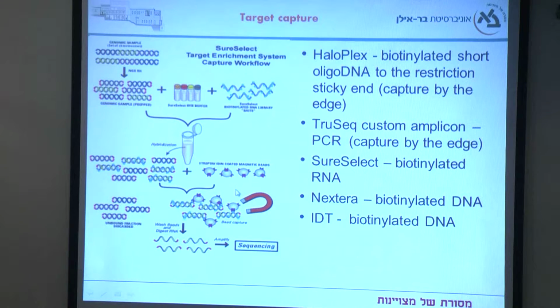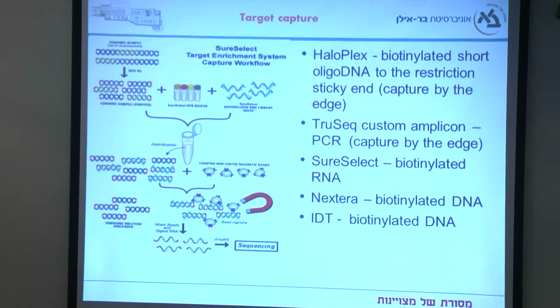All of them are relying on magnetic beads which recognize biotinylated nucleic acid, just that whether the biotinylated nucleic acid is hybridizing and complementary to the sticky ends of restriction sites, or like a PCR primer, or is it inside the sequence that you're interested in.